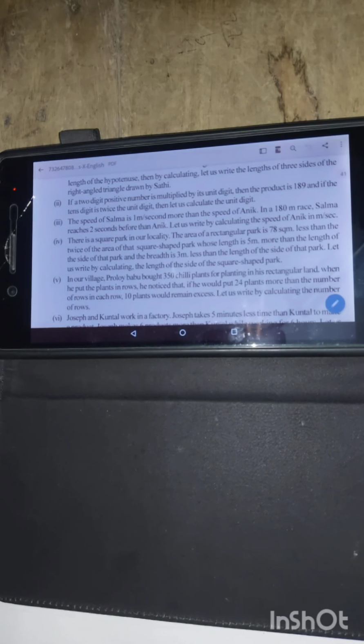Let us write by calculating the speed of Onik in meter per second.